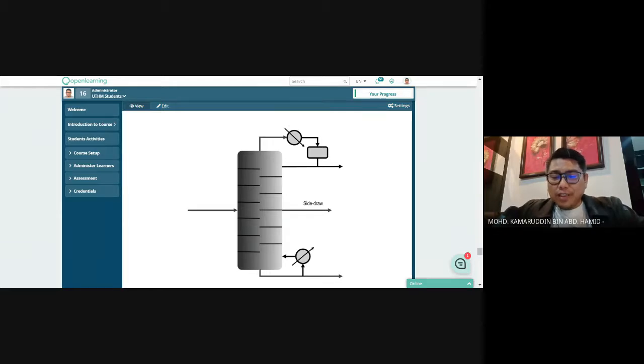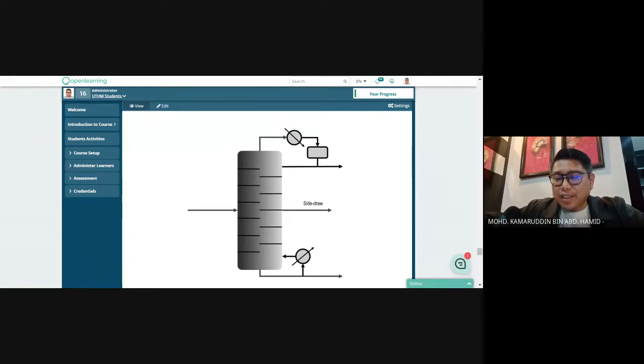Okay, let's talk about the fractional distillation column. It is still a distillation column. The only difference is when you want to separate the product, for example, you have a binary system in the feed, component A and component B. When you want to separate these two fractionally, you still have AB at the top and AB at the bottom.